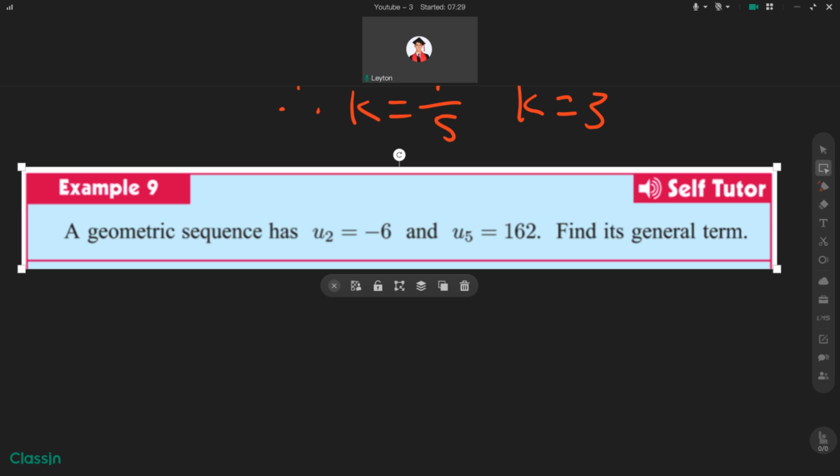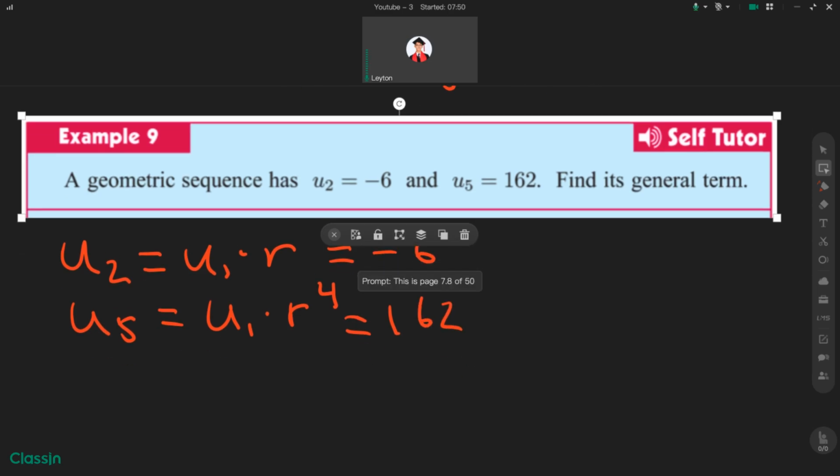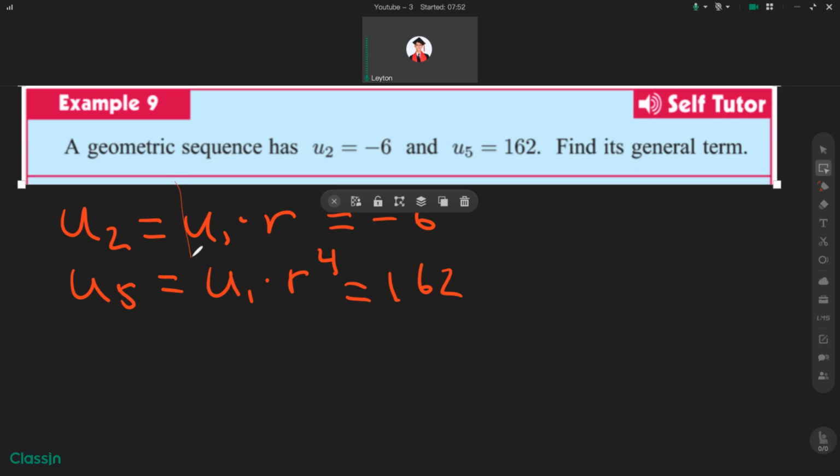So the way to do this is to remember what we wrote above, which is that U2 is equal to U1 times R, and U5 is equal to U1 times R to the 4. And we can equate that to minus 6 and equate that to 162. And now it's just some basic simultaneous equations for these.